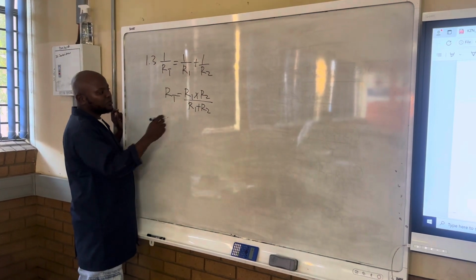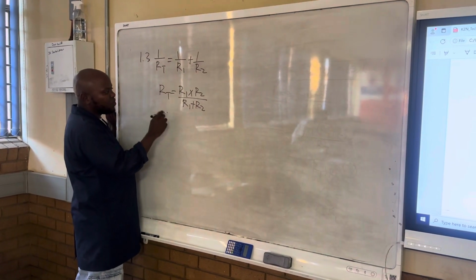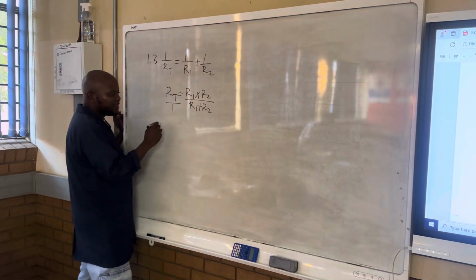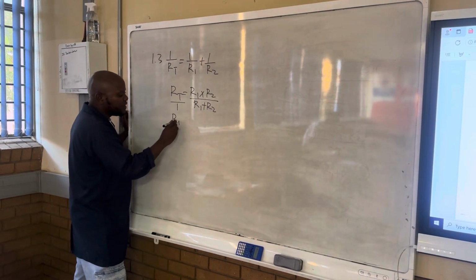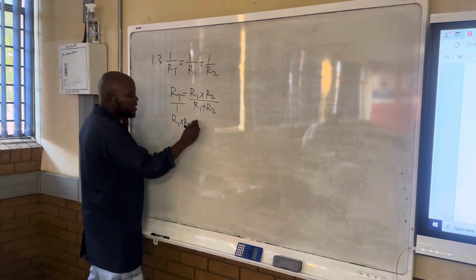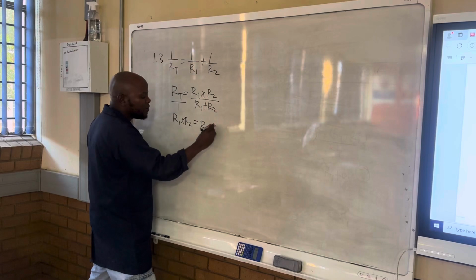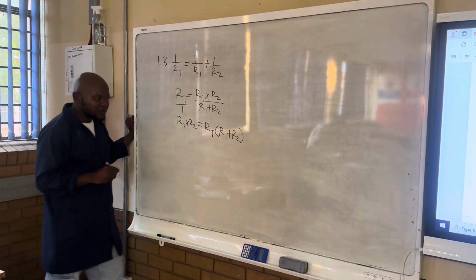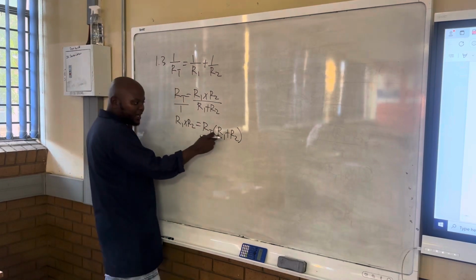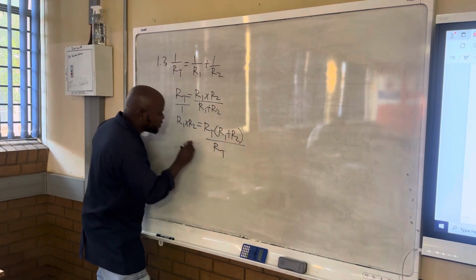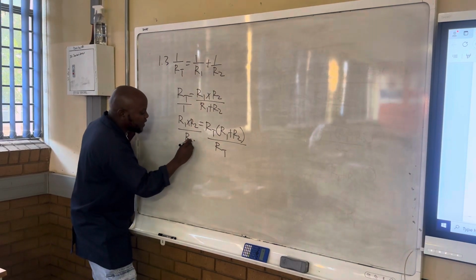What are we going to do now? We are going to cross multiply, so R1 multiplied by R2 is equal to R total into R1 plus R2. Remember, we are making R1 the subject of the formula, so we are going to divide by R total.